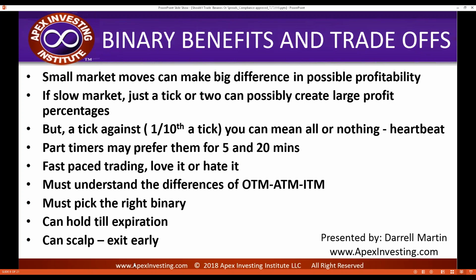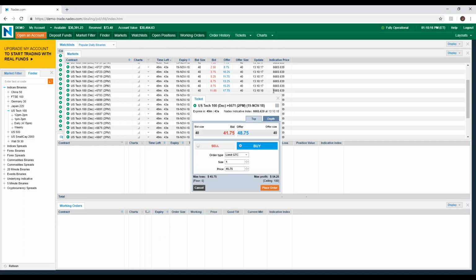For example, with the example we just looked at right here, if I bought this and the market expired at 66.72, just 1 point above where I bought my strike price, then it would expire profitable, right? Just 1 point could be $54 of profit, right? Okay, but if it expired 1 point below, it could mean a loss of $45, right? It's all or nothing, okay?